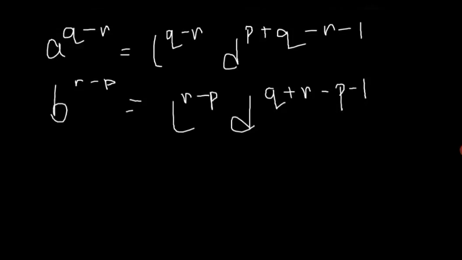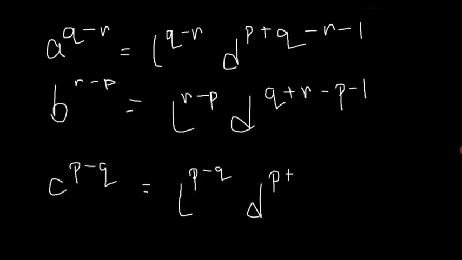Understand this? Then C to the power p minus q will be L to the power p minus q, d to the power (r minus 1) times (p minus q).